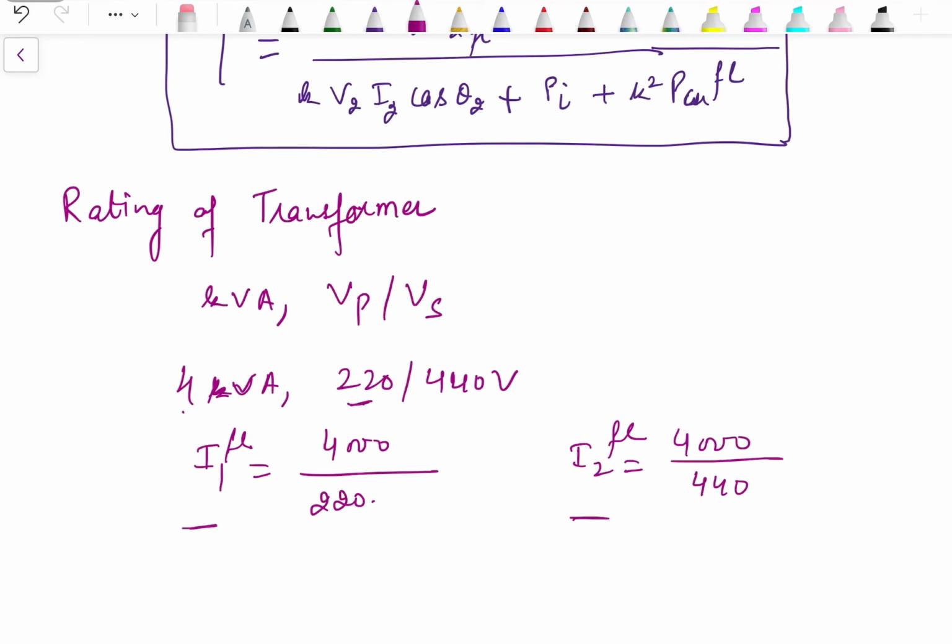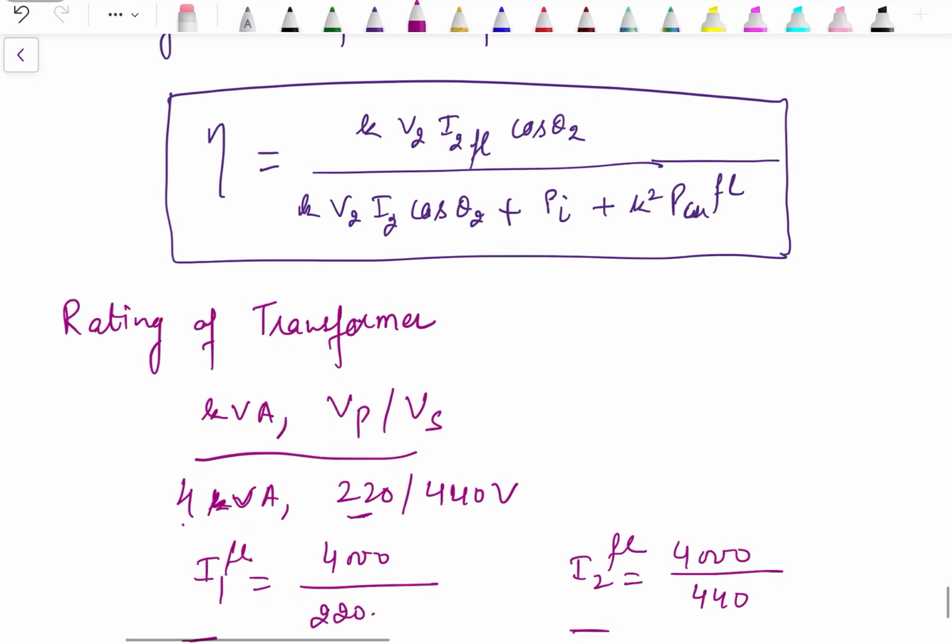So in any case where we have to calculate the efficiency and the rating of the transformer is given like this, then we can use V2 into I2FL as 4 kVA, that is 4000.